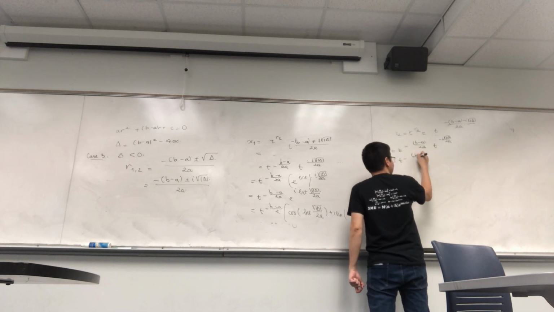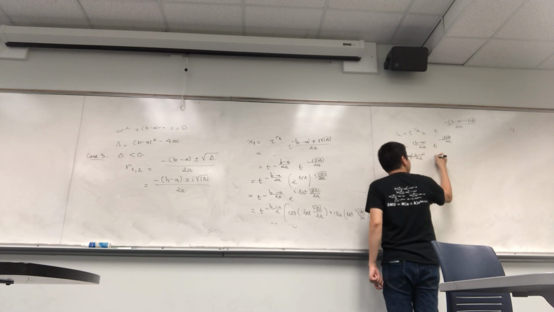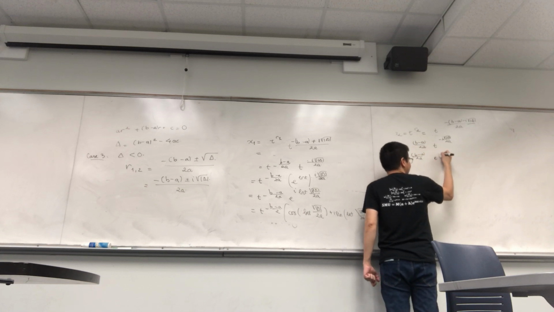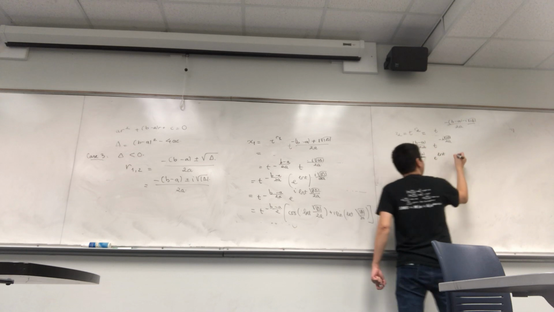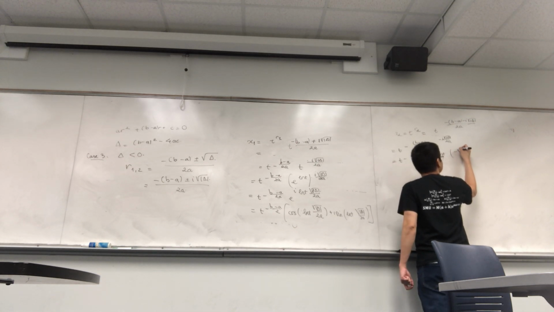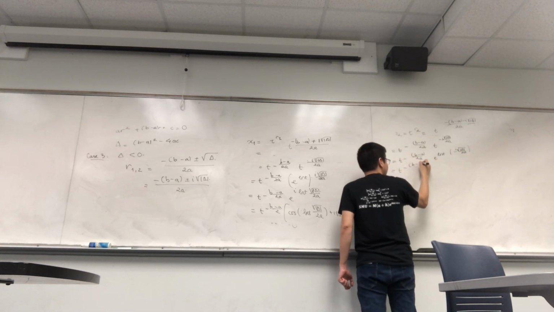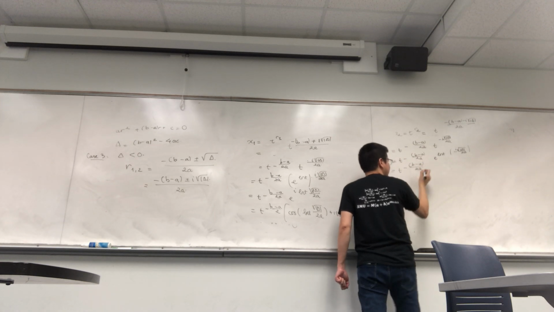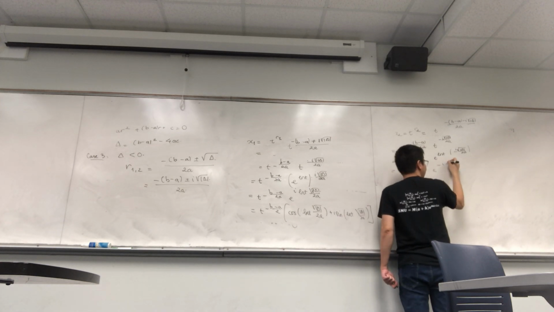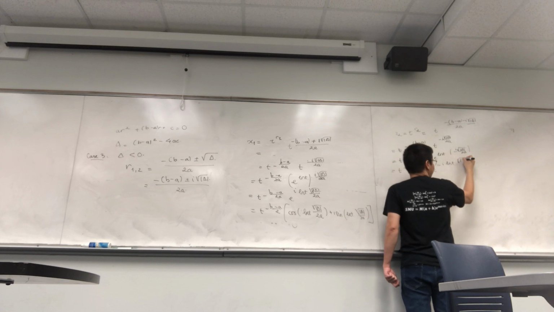It's the standard thing. And for the imaginary part, you have to do the same trick. You have e to the log t times minus I square root delta over 2a, and then minus I log t square root delta over 2a.